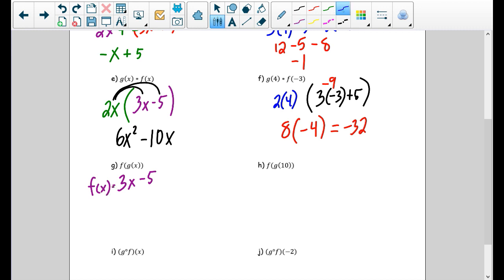Now we're going to take that g function, okay, so g of x is just 2x, right? So we're going to take this g function and we're going to plug it in for the x. So I have 3 times this 2x, oops, minus 5.